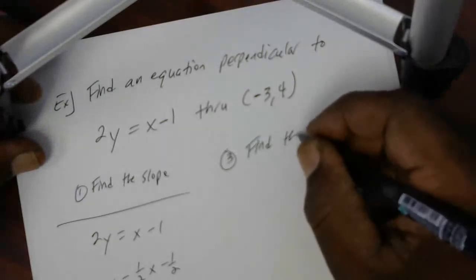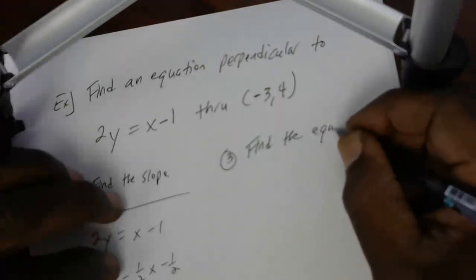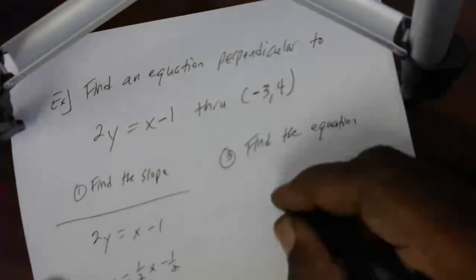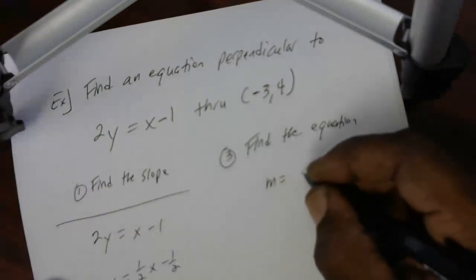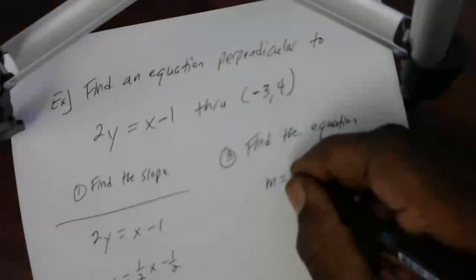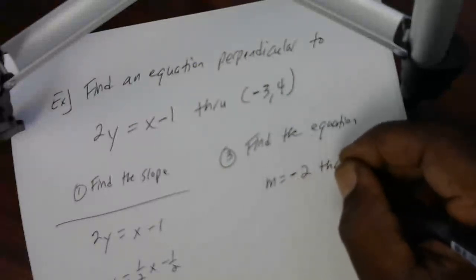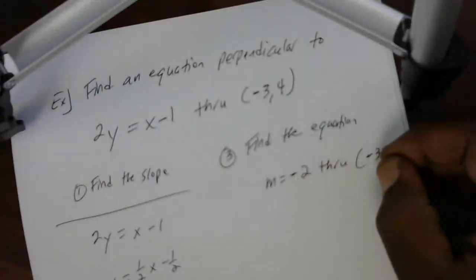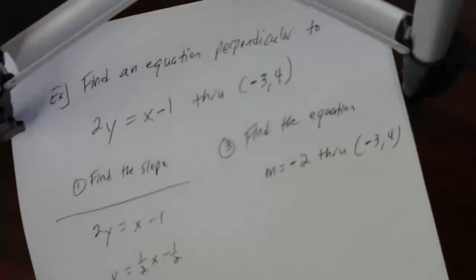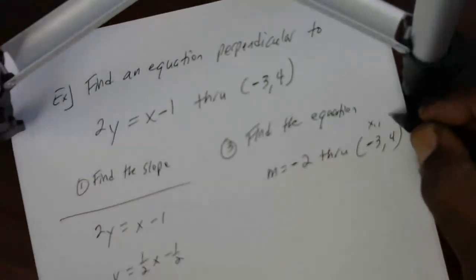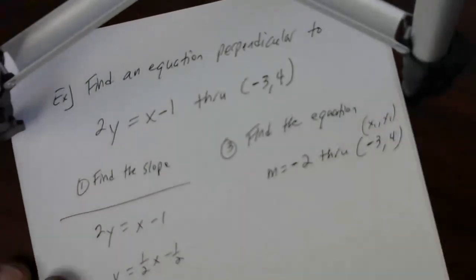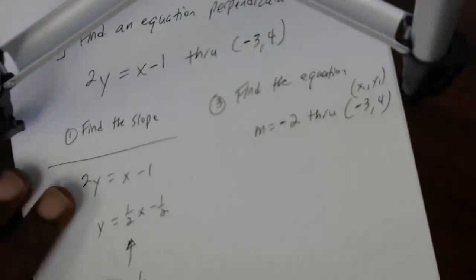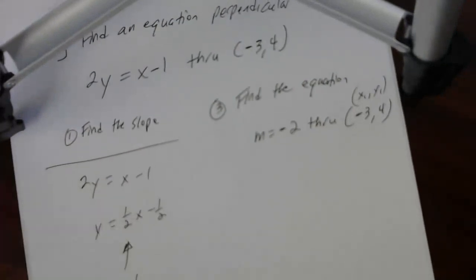And now we're going to find the equation. So we have a slope of negative 2, and it passes through negative 3, 4. Remember that negative 3, 4 is your x1, y1.